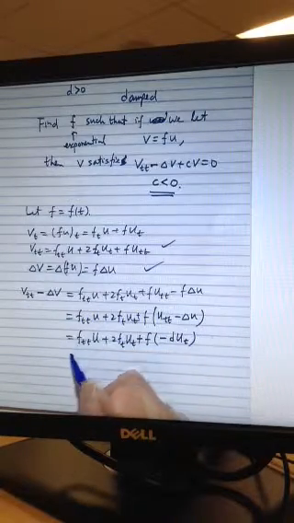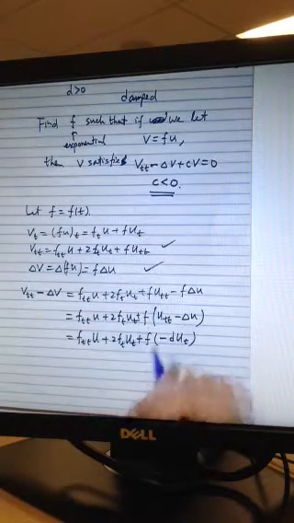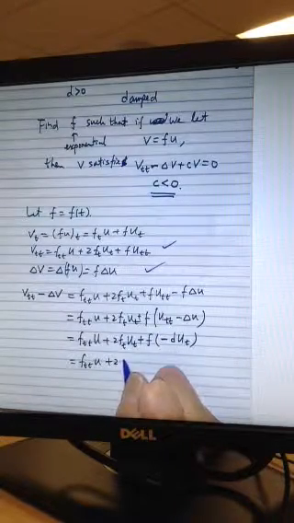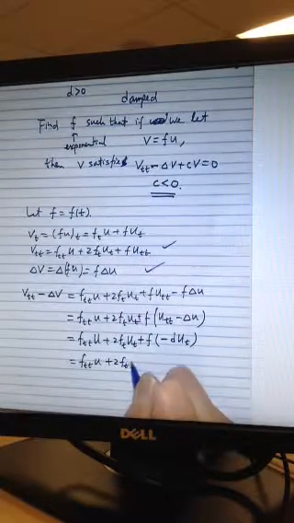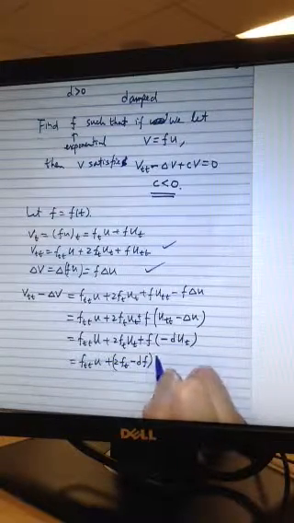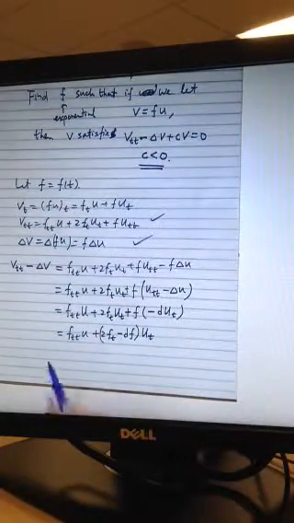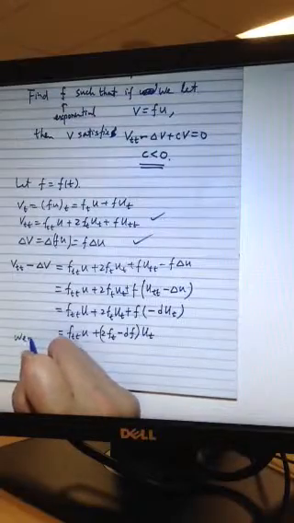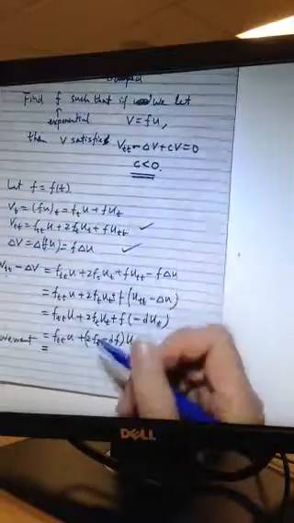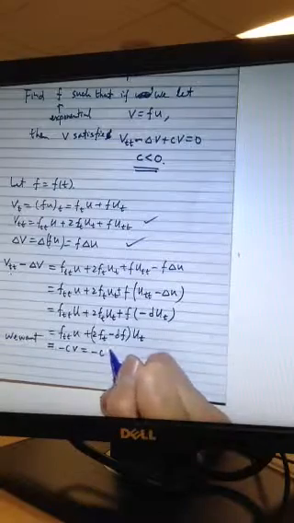Then I want this to be equal to c. Let me first simplify this. I have f double prime u plus 2 f prime minus d f, times u_t, combining the like terms. And we want this to be equal to minus c v, which is minus c f u.